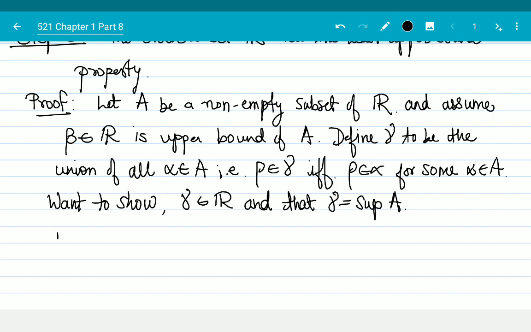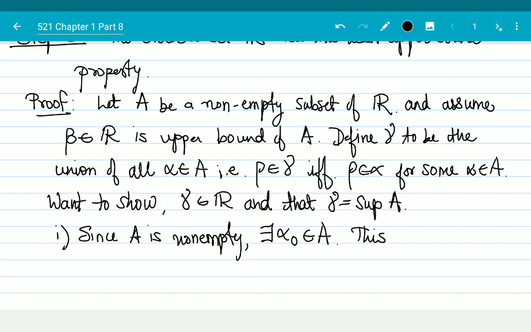So first, since A is non-empty, there exists some alpha naught belonging to A. By property 1, this alpha naught is non-empty.